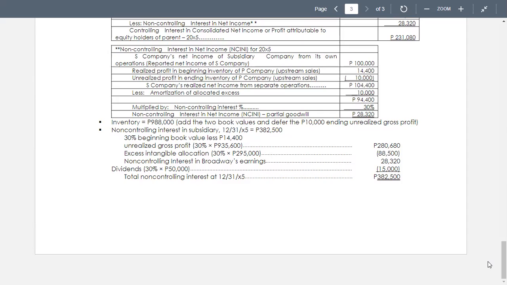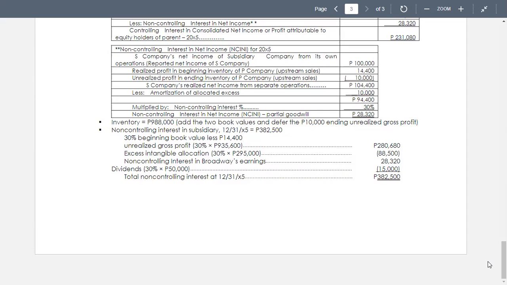Deduct unrealized profit in ending inventory of S company, 45,000. So the difference, P company's realized net income from separate operations, 3,609,000.